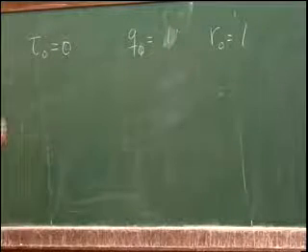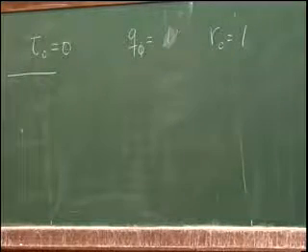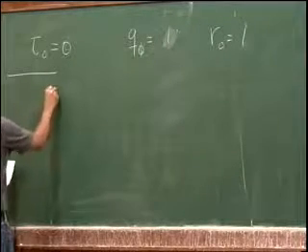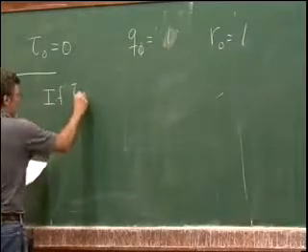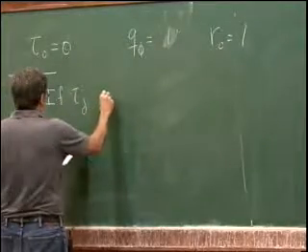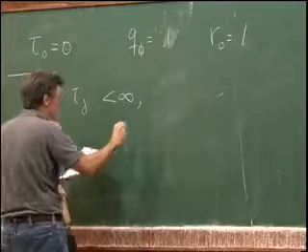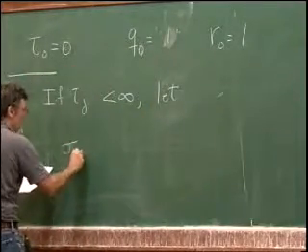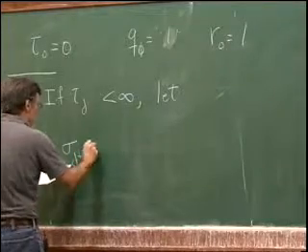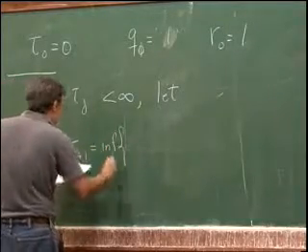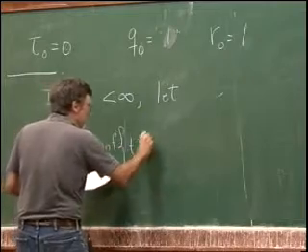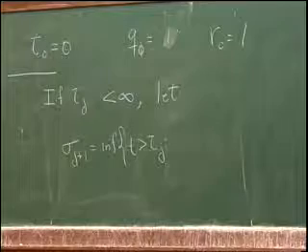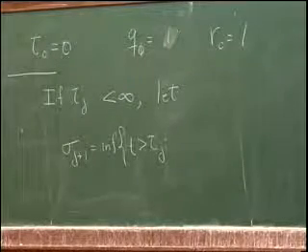But here's the inductive step. If tau j is less than infinity, we let sigma j plus 1 be the first time bigger than that where I get closer to Z or closer to W by a factor of 2.